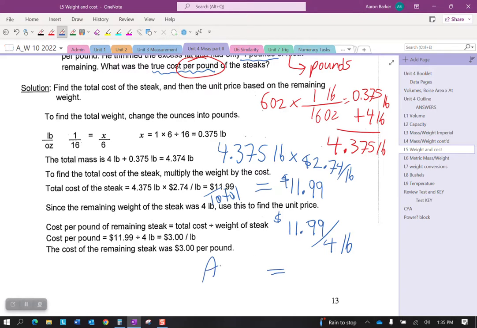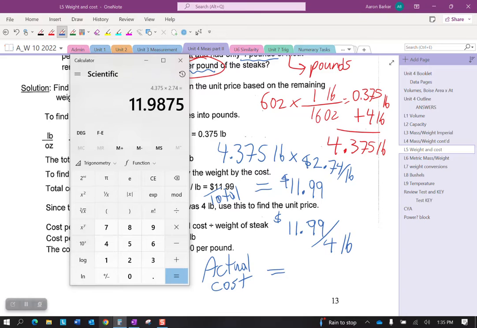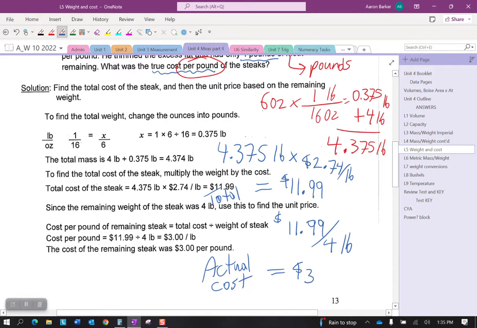And so the actual cost equals $11.99 divided by 4, $2.997. So we should round that up to $3. So $3 per pound. Any questions?